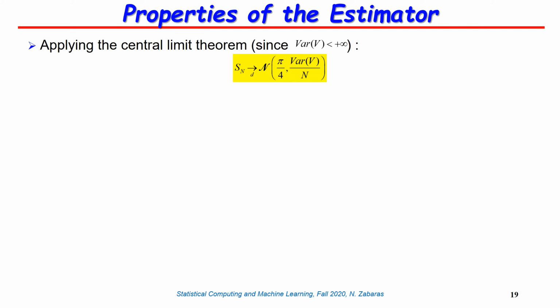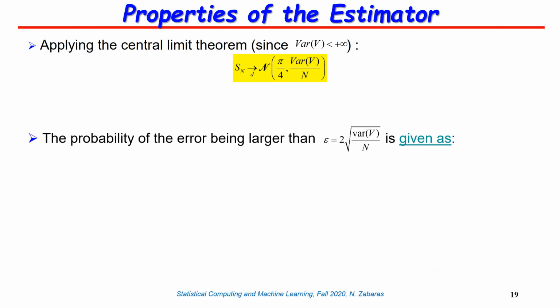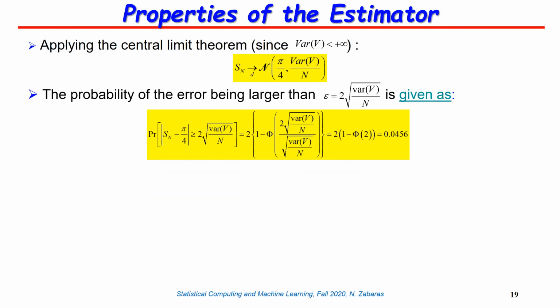And then you can start computing various inequalities that will give you the probability of being away from the true mean by a certain amount, and you can do all of these computations using tables of the CDF of the standard normal. So I am not going to spend time discussing all of this in detail, but for example, here is a nice inequality that you can get directly in terms of the values of the standard normal.